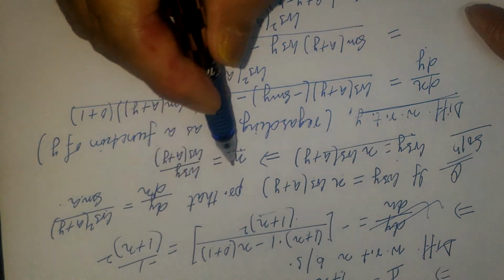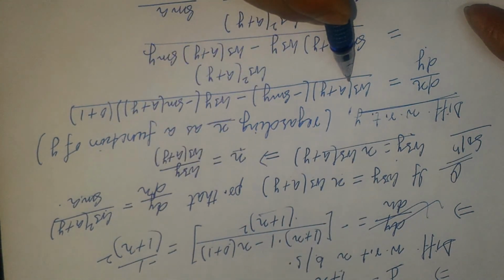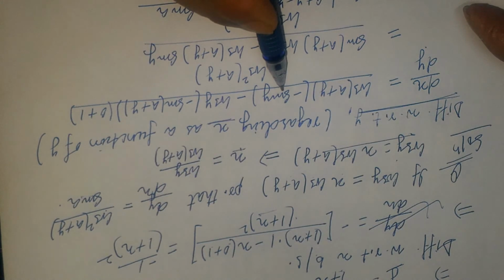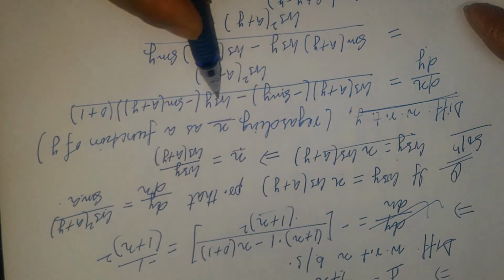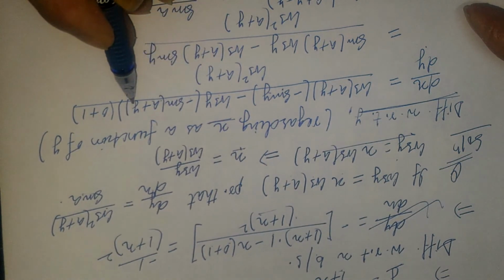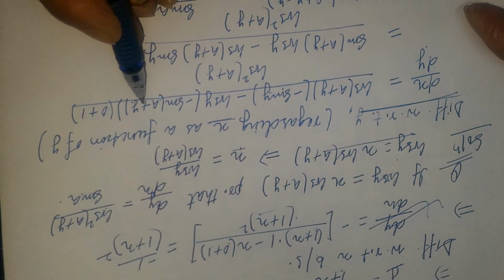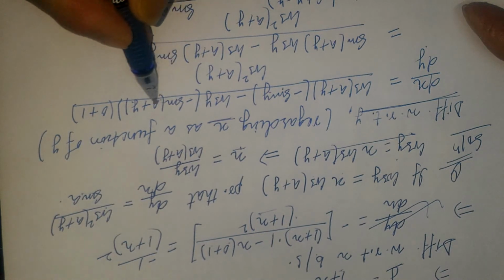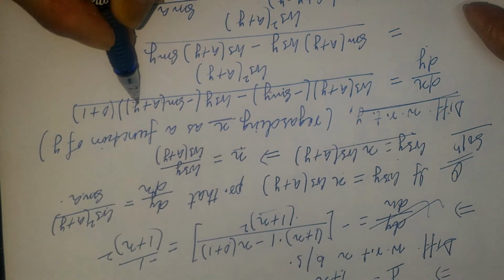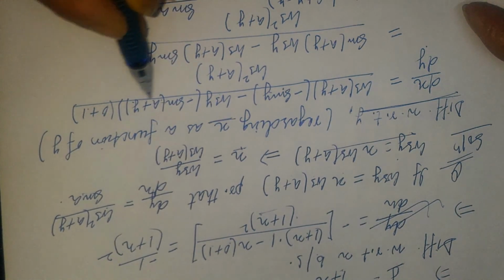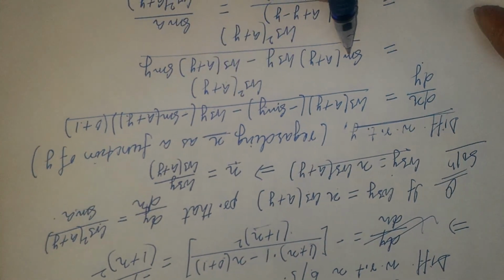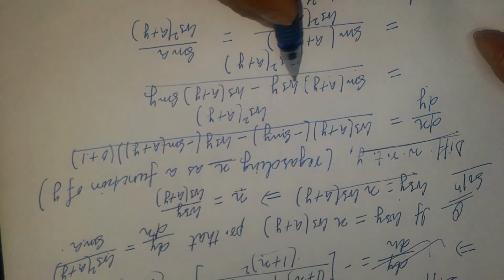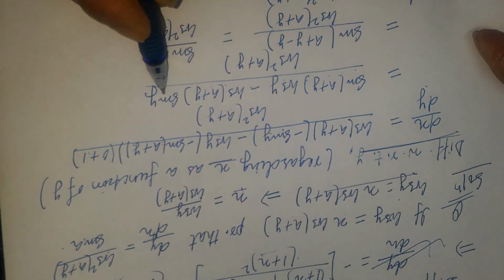Now here we'll be applying the quotient rule again. Denominator times the derivative of cos y, which is minus sin y, minus cos y times the derivative of cos(a plus y), which is minus sin(a plus y). Again here the chain rule: for cos it is minus sin, for a it is 0, for y it is 1, over cos square (a plus y). So we can write this in this form: sin(a plus y) cos y minus cos(a plus y) sin y.